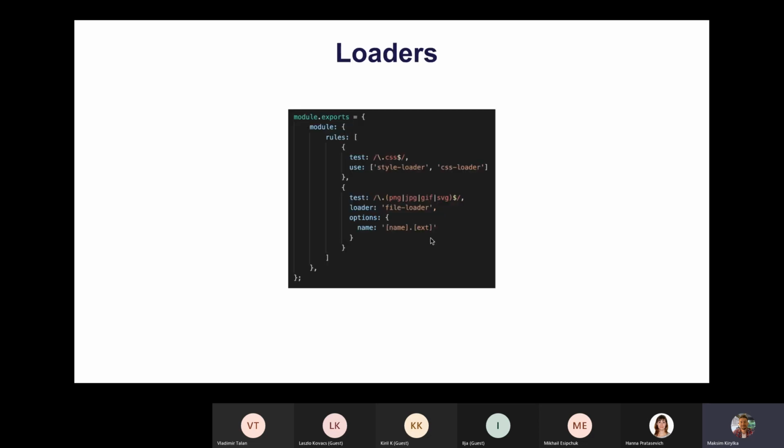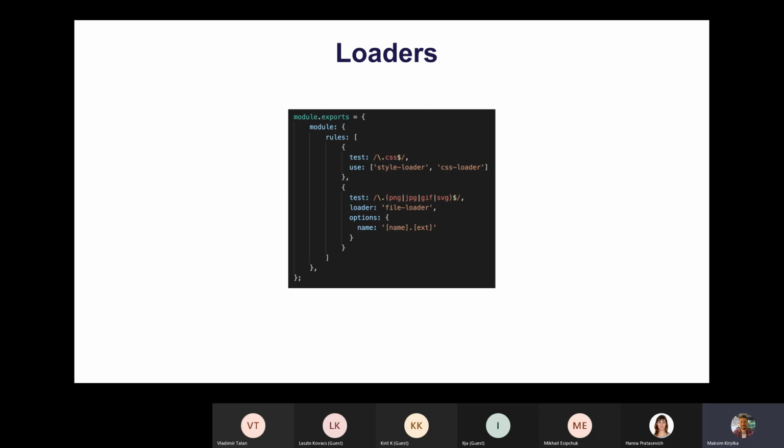Next property in the configuration is loaders. Webpack can process only JavaScript and JSON files by default. And loaders allow Webpack to process other types of files and convert them into valid modules that can be consumed by your application and added to the dependency graph.